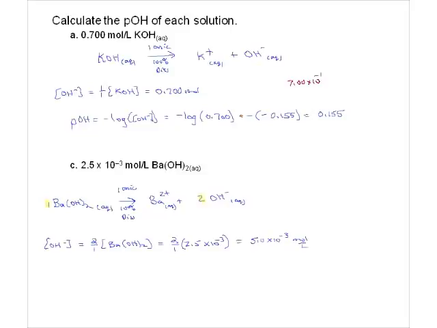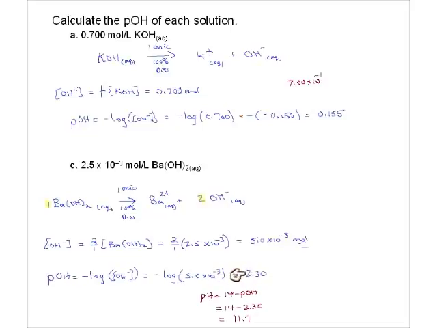The hydroxide is going to be a 2-to-1 ratio of the barium hydroxide, so the concentration of OH minus is doubled. Now we can plug that in to get the pOH. Again, I can estimate my answer. It's going to be somewhere between 2 and 3, 1 less than my exponent. I plug this in, and there we go. I get a pOH of 2.30.